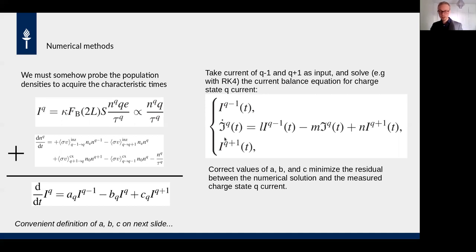The correct values of A, B, and C minimize the residual between the numerical solution, here in calligraphic I, and the actual measured current for charge state Q.